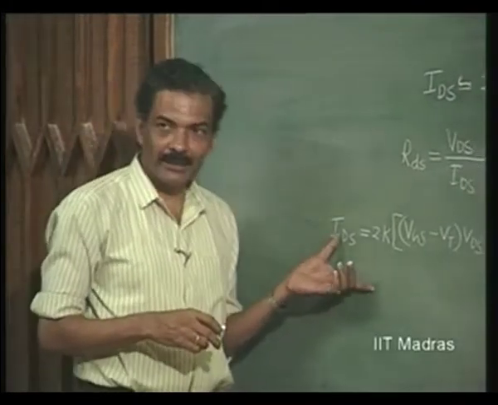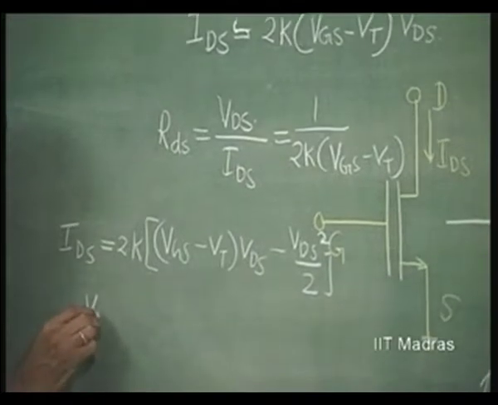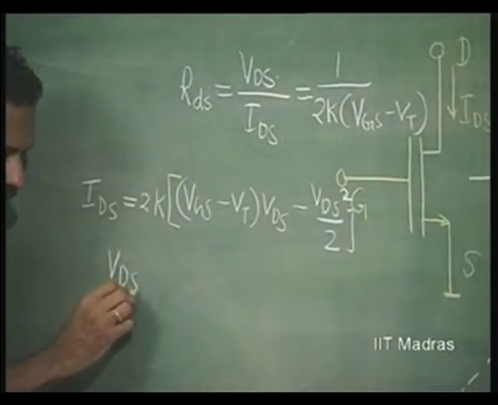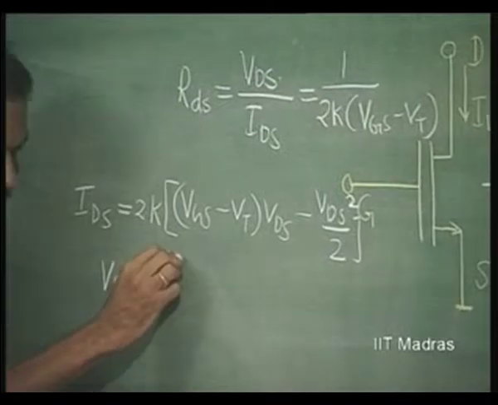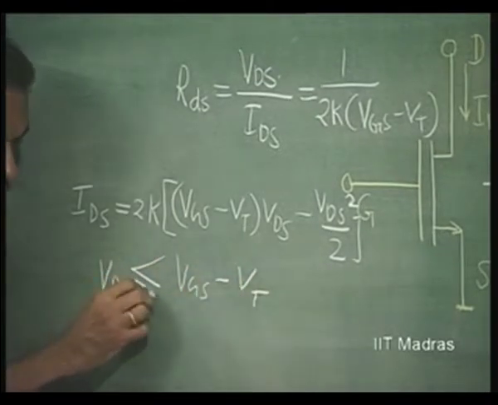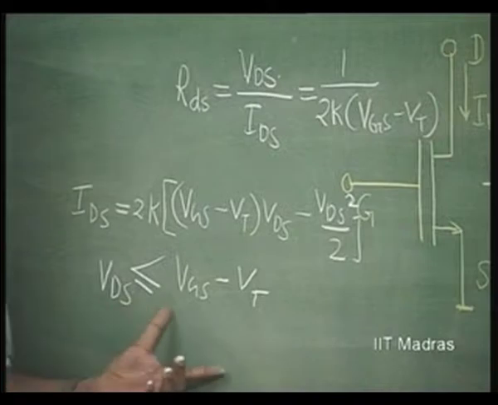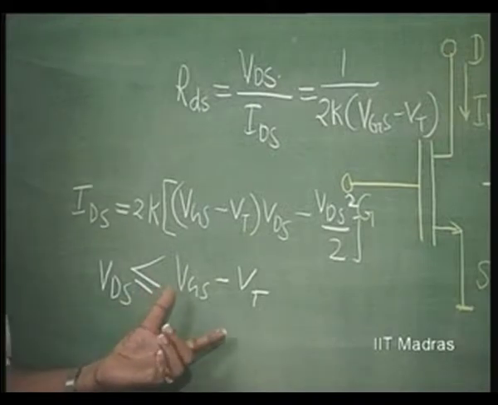This equation is valid for VDS less than or equal to VGS minus VT. That is called the triode region. For VDS less than or equal to, until pinch off is reached, this is valid.